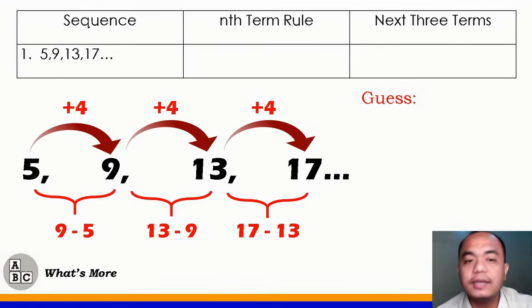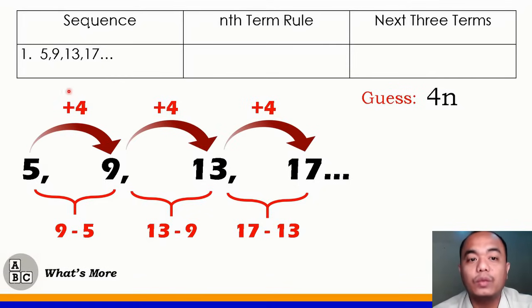So, let's try to guess. Of course, we have 4 as our common difference, and we will use 4n automatically. But then, as you notice, we have a different common difference and first term, right? If you could still remember what we did earlier, we made our common difference and the first term equal. In this case, our common difference is less than our first term.